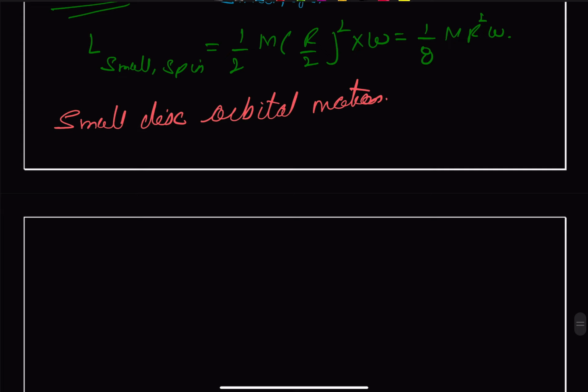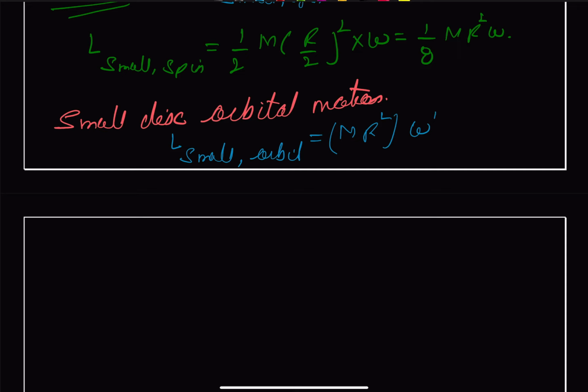So the angular momentum of the small disk in orbital motion will be equal to m r square and omega prime.